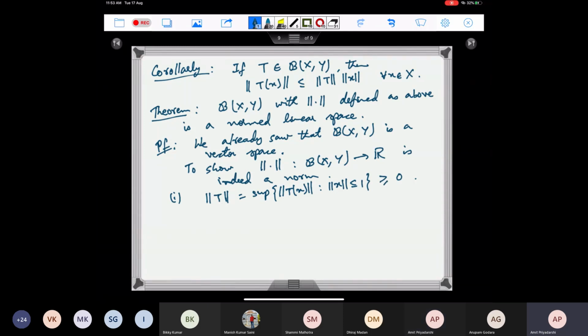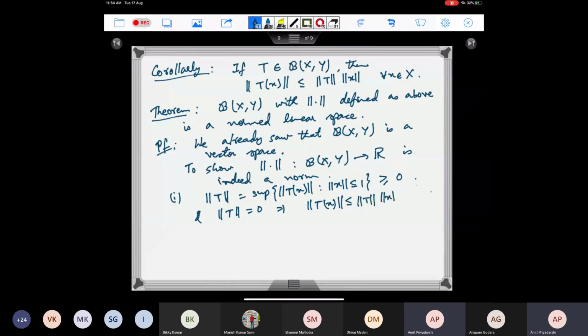And norm T equal to 0 will imply that norm of Tx is equal to 0 for all x in X. Why? Because this norm Tx we know is less than or equal to norm T times norm x, and norm T is equal to 0.